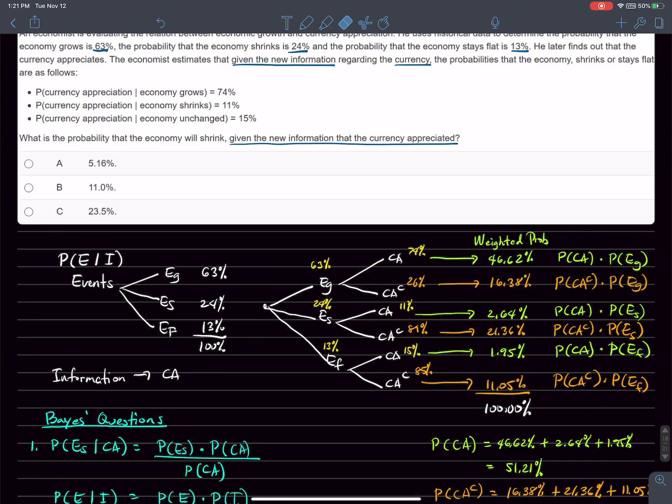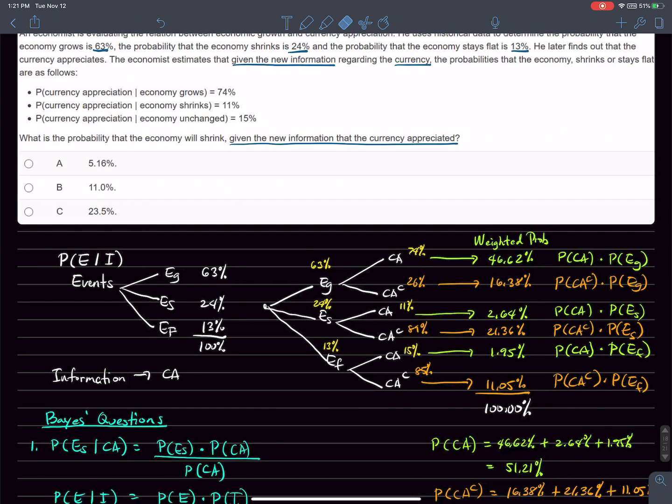And then for each event, you have 2 scenarios. It's either the currency will appreciate, or the currency will not appreciate. So I cannot say currency depreciated; it can be currency depreciated or currency remain the same. So CA, currency appreciating, or currency not appreciating, CA complement.